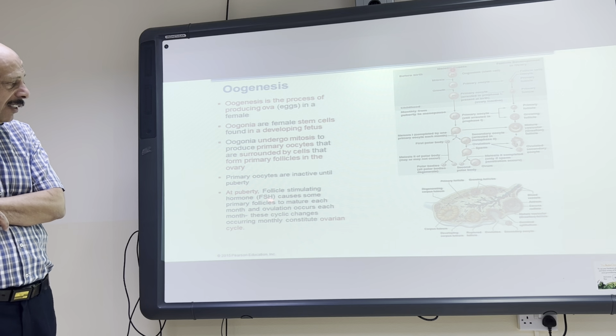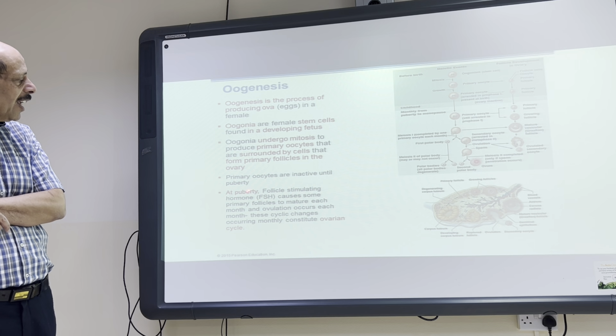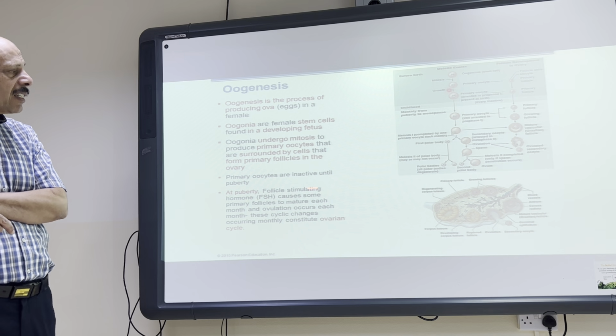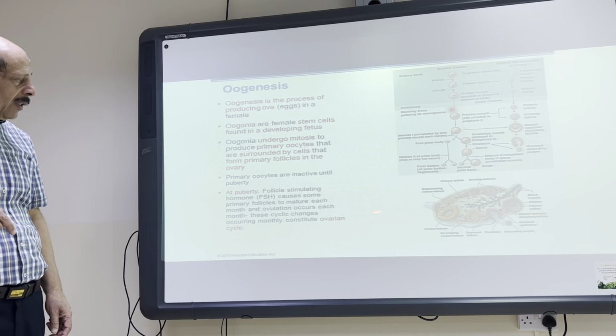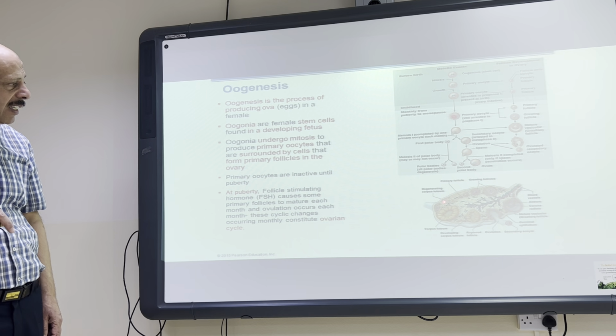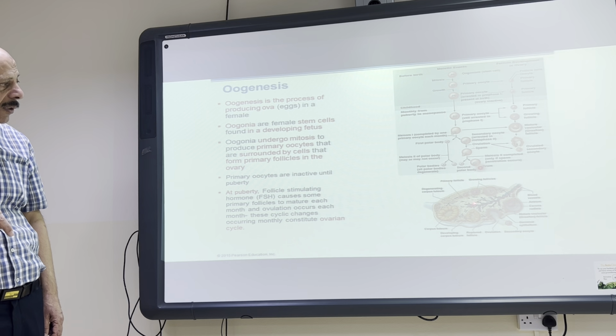At puberty, those follicles are stimulated. There is the follicle stimulating hormone, which causes some primary follicles to become mature.